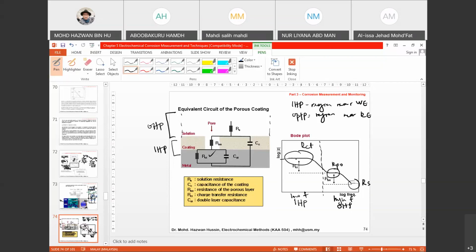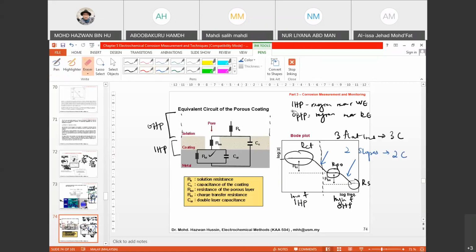In a Bode plot, you will see that it forms three flat lines, which indicate that you will have three resistances. And furthermore, you can also notice that it has two slopes. So when you have two slopes, it means that you have two capacitances.